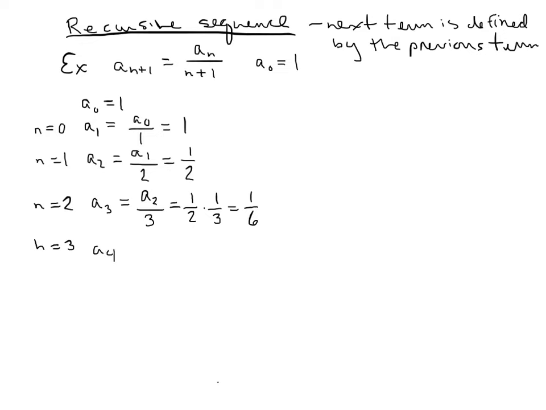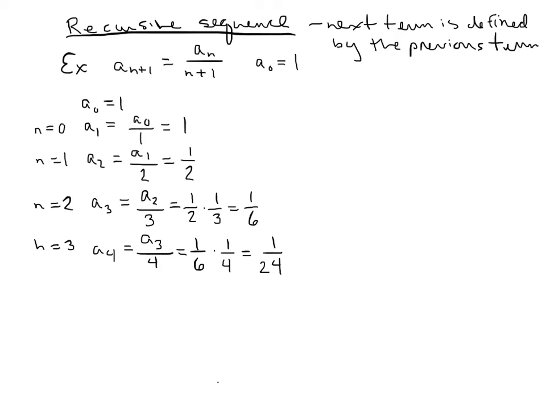This is going to give me a sub 4. So right now I'm plugging in 3 into all of this. So a sub 4, a sub 3, 3 plus 1 would be 4. So on the top, a sub 3, divided by 3 plus 1, which is 4. A sub 3 we just found in the previous step is 1/6. Multiply that by 1/4, and we get 1/24.